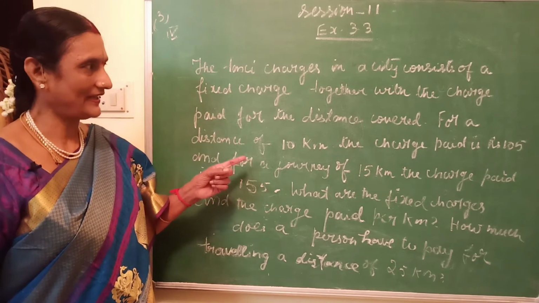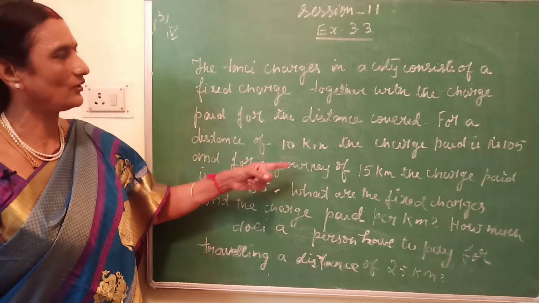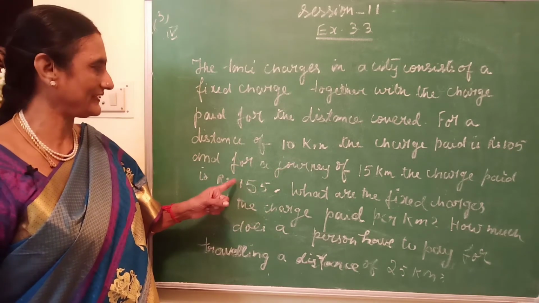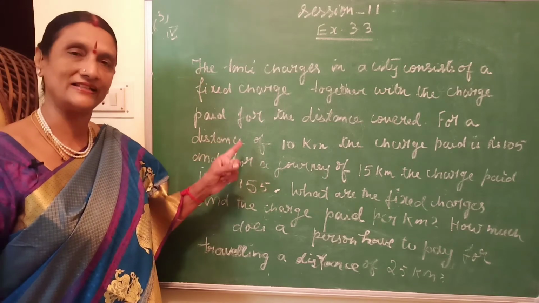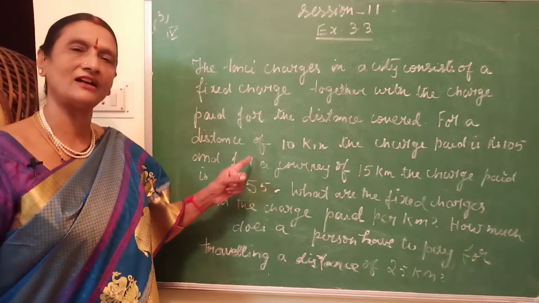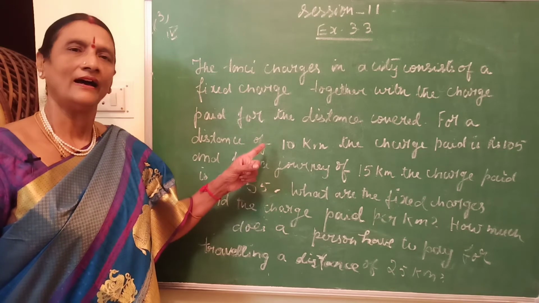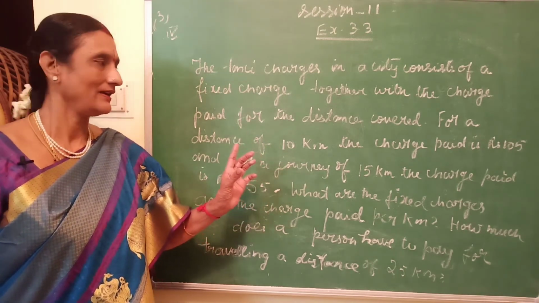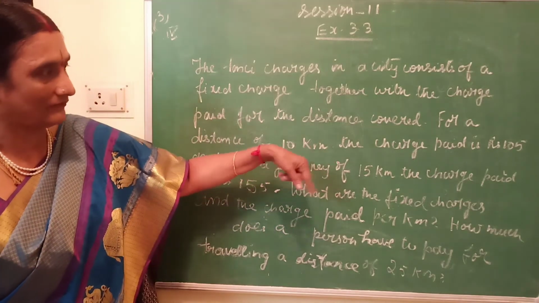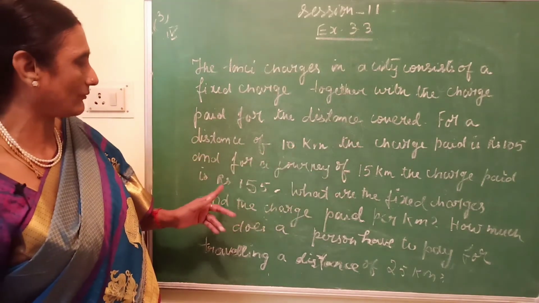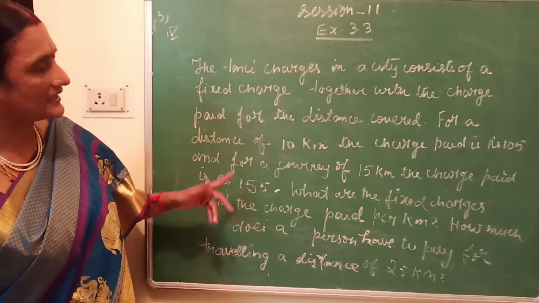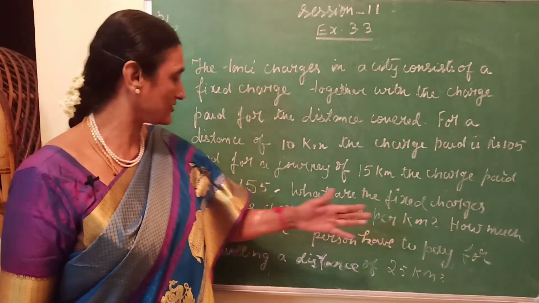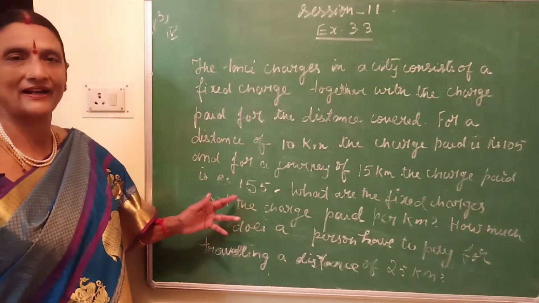So in the same way, for a distance of 10 kilometers, the charge paid is rupees 105. That is, including that fixed charge, and how much ever is charged for each kilometer, for 10 kilometers that charge will be separate. So the amount paid was rupees 105, and for a journey of 15 kilometers in the same taxi, the charge paid is rupees 155.